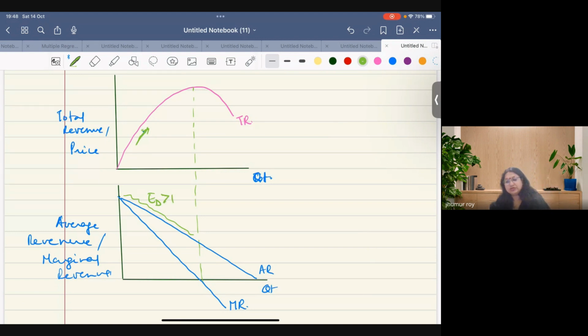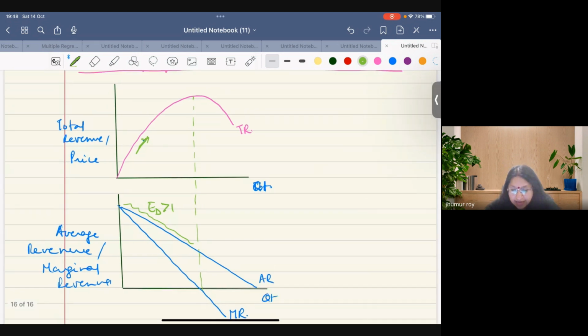When total revenue is increasing, the demand curve, average revenue, which is basically the demand curve of any firm, shows elasticity of demand greater than 1. The second point you get over here is where total revenue is maximum. So if you see over here, you will say elasticity of demand is equal to 1.